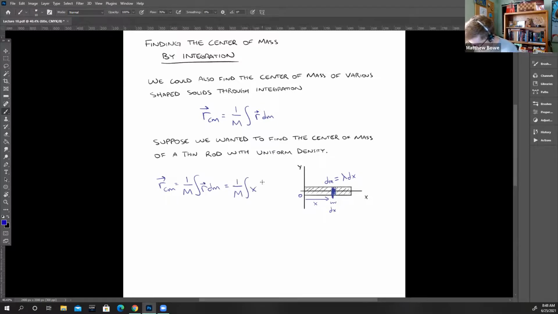Since we are moving in the x direction, I don't want to have an x and an r, so from now on I'm just going to call it x. That's what my notes say, and it's moving in the x direction. This is me just saying I'm only looking at one dimension.